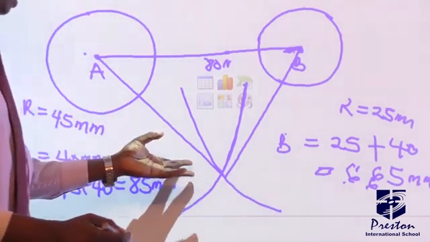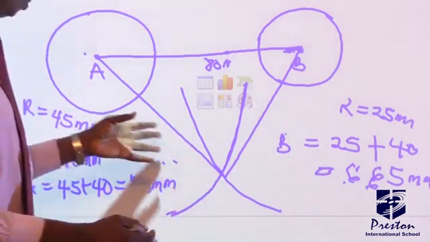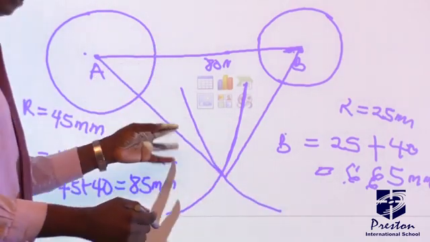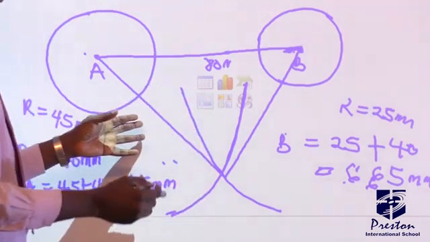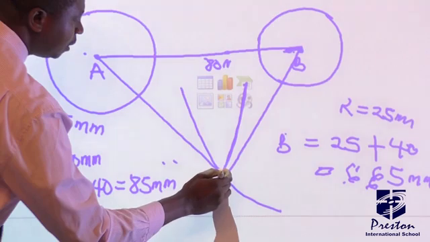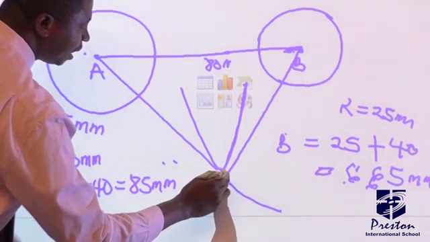Sometimes a student may experience difficulty in drawing the arcs, so what you need to do is draw the arc and make sure that the arc is long, so that you find where both of the arcs will meet. Where they meet, this is the point of intersection.